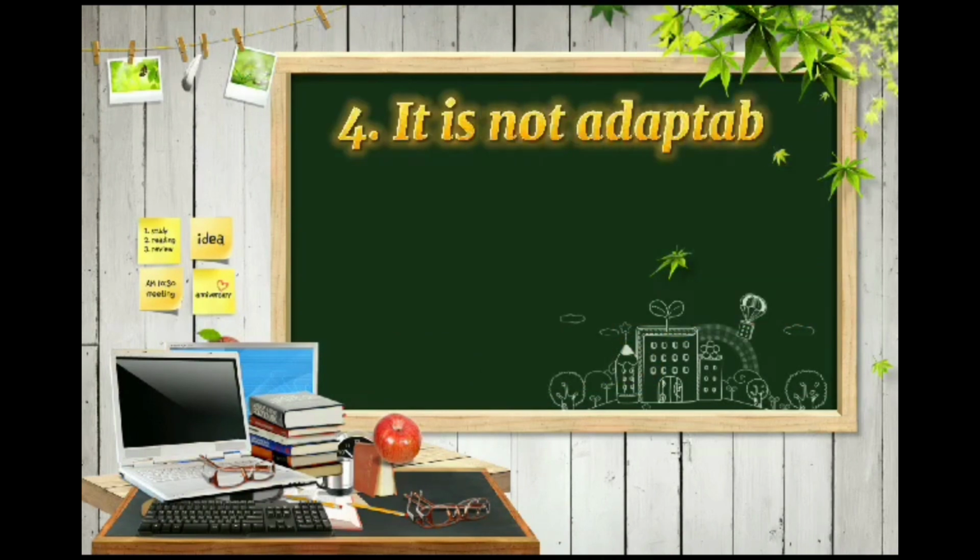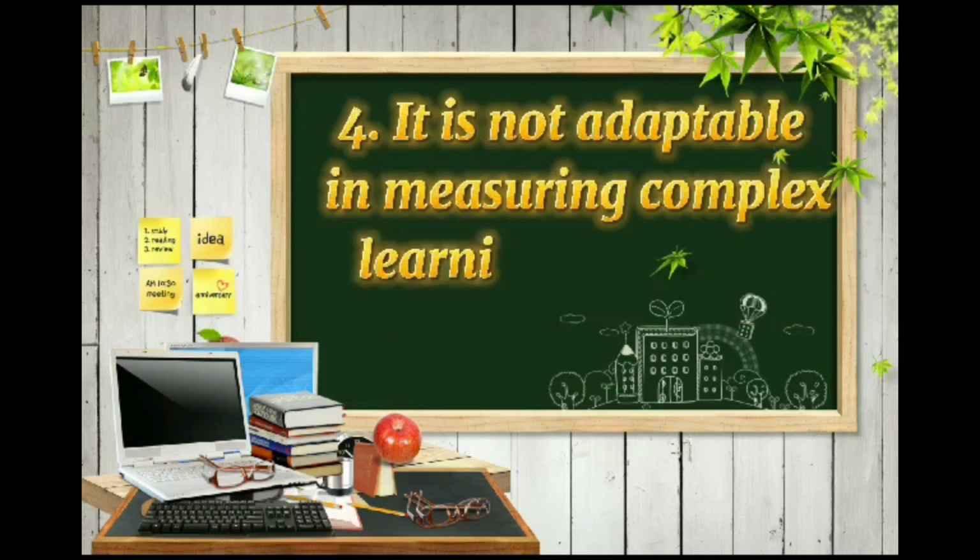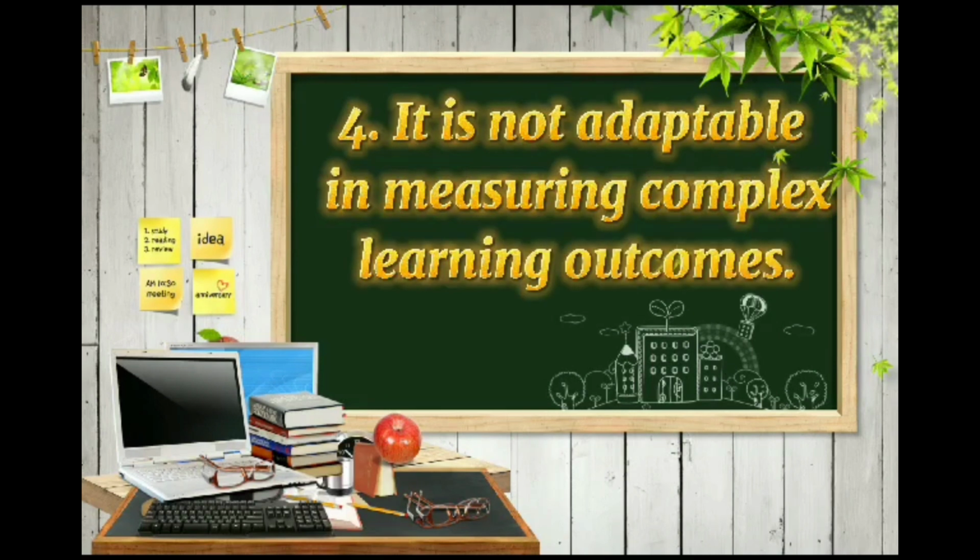The fourth disadvantage is that it is not adaptable in measuring complex learning outcomes. If we say complex learning, it is the integration of knowledge, skills, and attitudes. That's why completion is not adaptable in measuring complex learning outcomes because it is only appropriate for short answers.